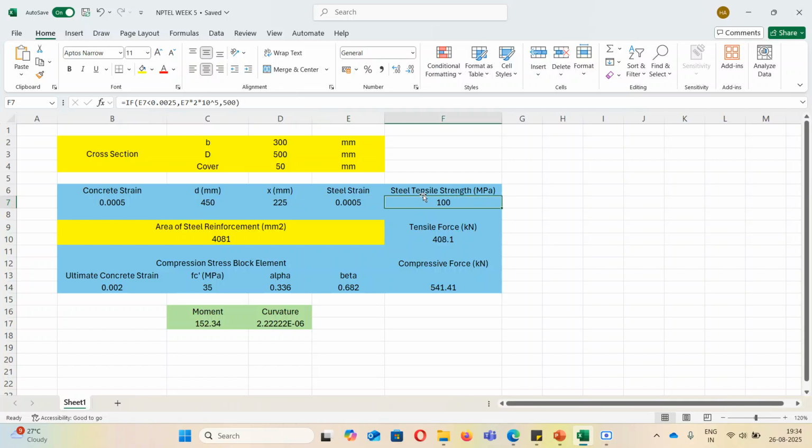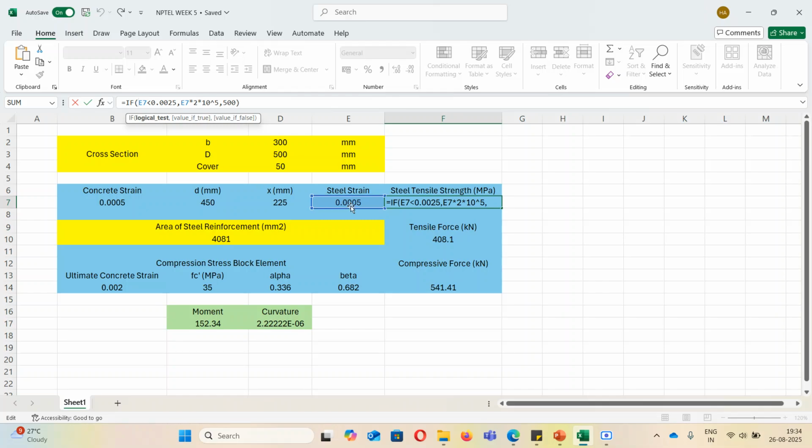Now, the tensile strength of steel will depend upon the value of steel strain, so I have placed an if-else condition here. If the value in this block is less than 0.0025, the stress will be calculated as strain times the modulus of elasticity. If this value is more than or equal to 0.0025, then I will take a constant stress value of 500.